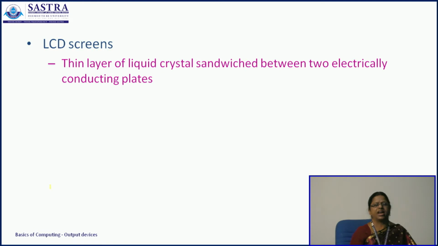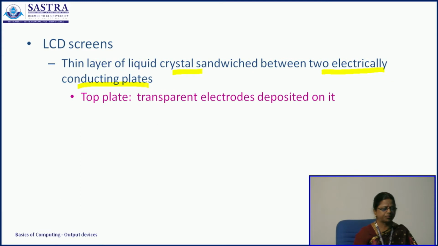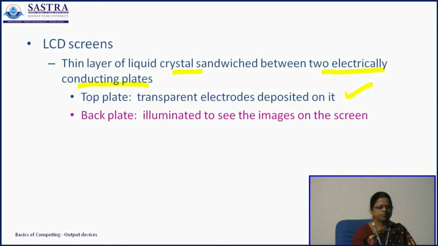Let us see about the LCD screens. LCD screens consist of a thin layer of liquid crystal. That's why it's called a liquid crystal display. A thin layer of liquid crystal is sandwiched between two electrically conducting plates. The top plate has transparent electrodes deposited on it. The back plate is illuminated to see the images on the screen.